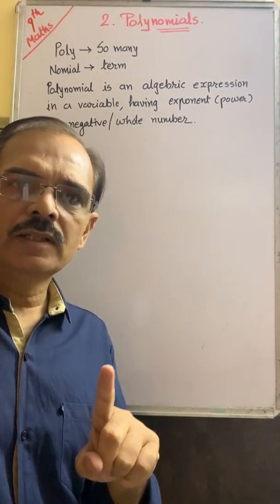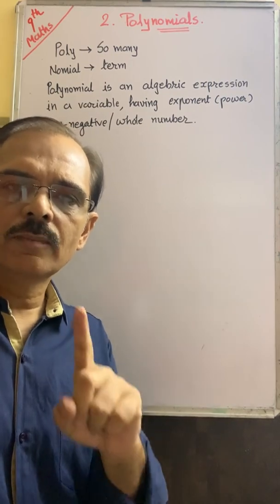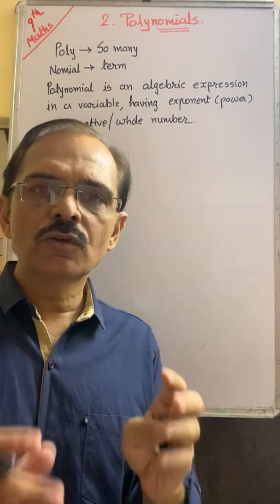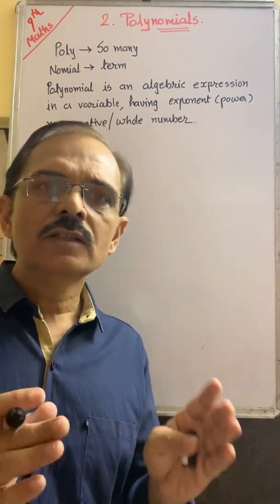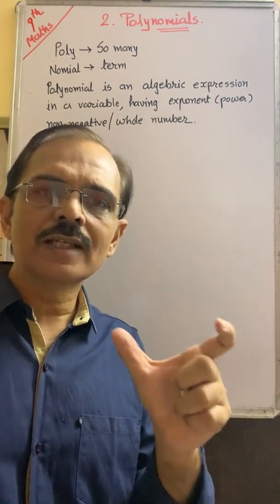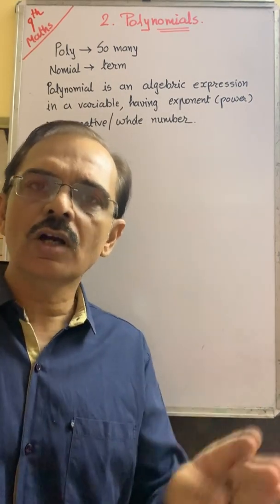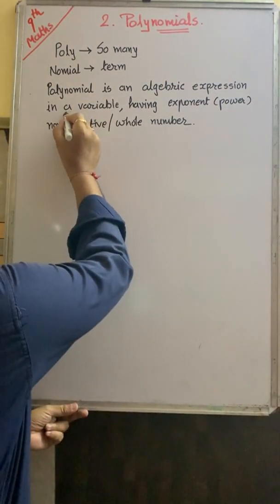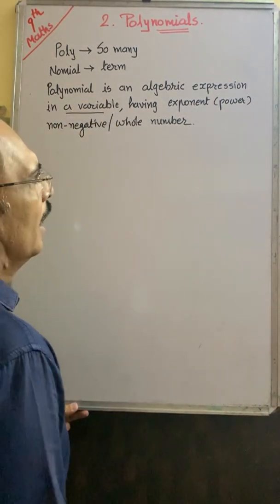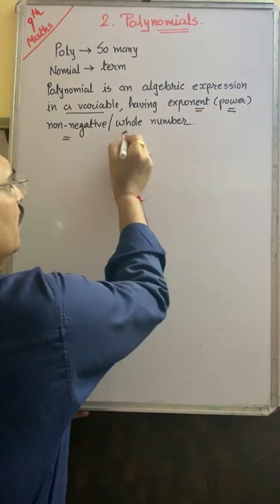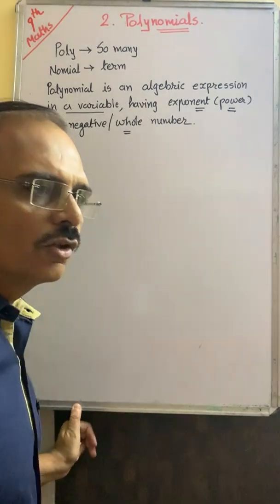Once again I repeat that in 9th standard we are going to learn about only one variable. Try to understand, try to recognize what is called polynomial, how we recognize that this expression is a polynomial or not. So the condition is what? It should be in one variable and the power or exponent must be non-negative, or in another language called whole number.